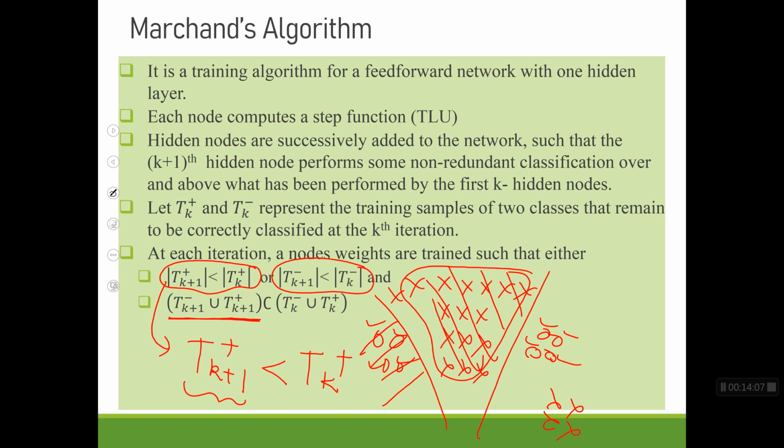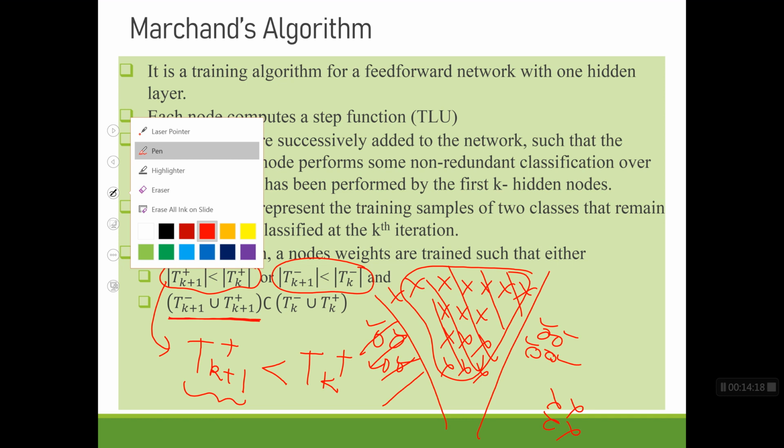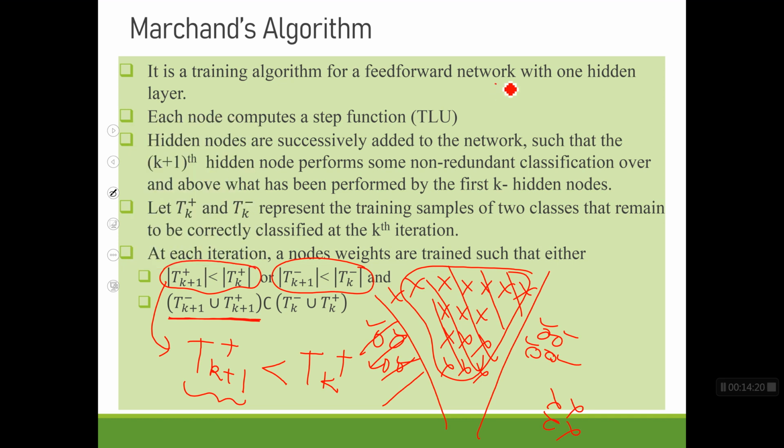T(k+1) minus is nothing but the patterns from the class minus which are left at step k+1. Please note that here we are indicating the two classes as class 1, which we say is class plus, and class 2 is say minus.